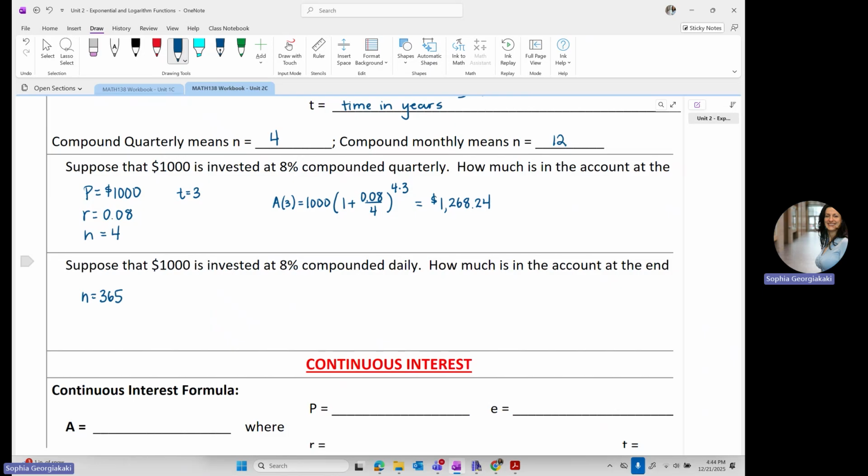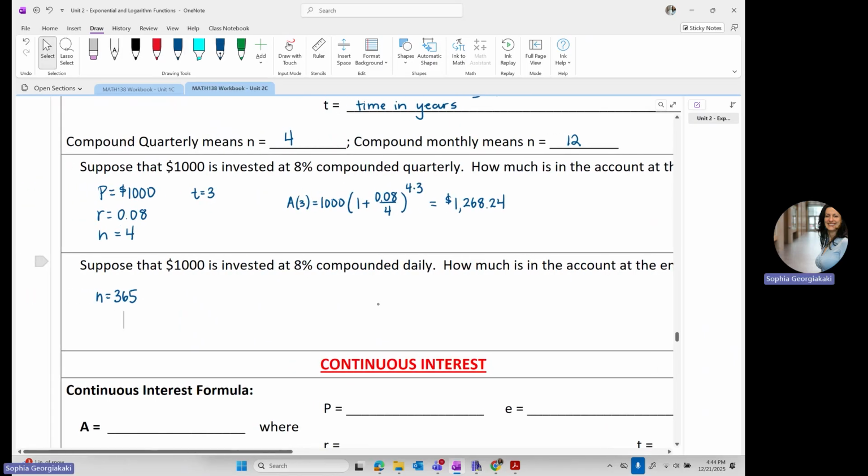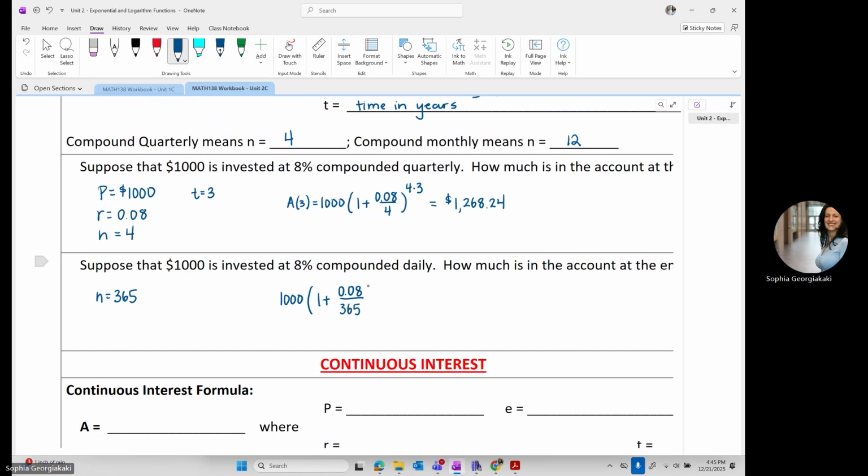Therefore, they are asking me again at the end of 3 years, so the time is still 3. So I will have 1,000 times 1 plus 0.08 divided by 365 to the, and here it will be 3 years times 365.